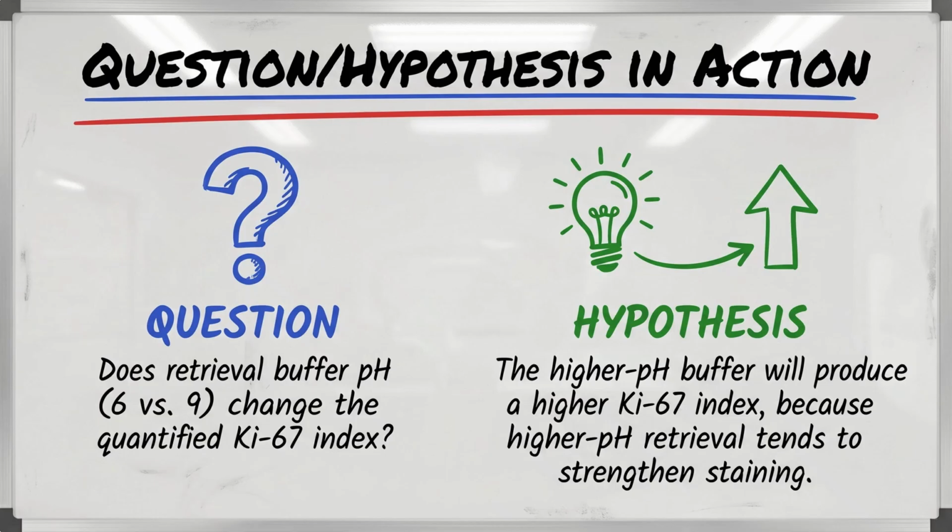This high pH EDTA works by chelating calcium ions, forcefully breaking those formalin crosslinks. Now, notice how the hypothesis is a direct, testable statement. This clarity is essential for designing your methodology, which is our next link.